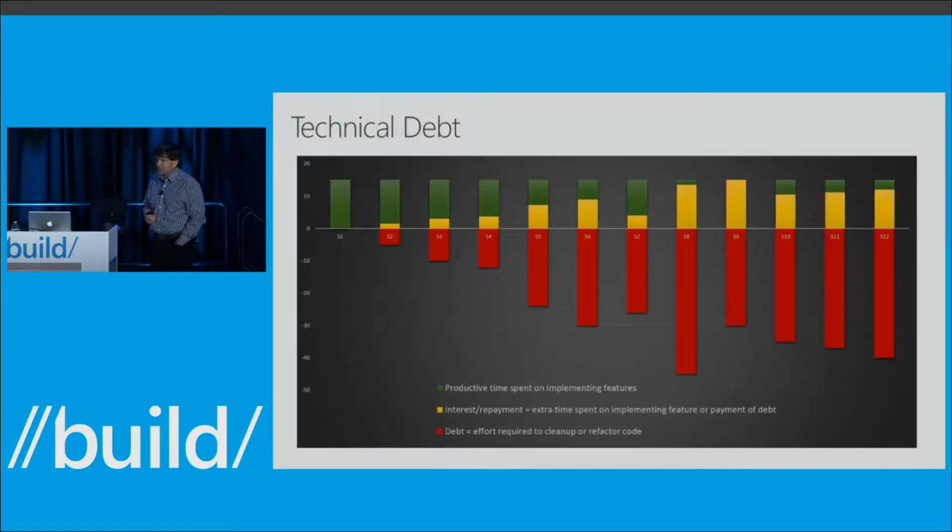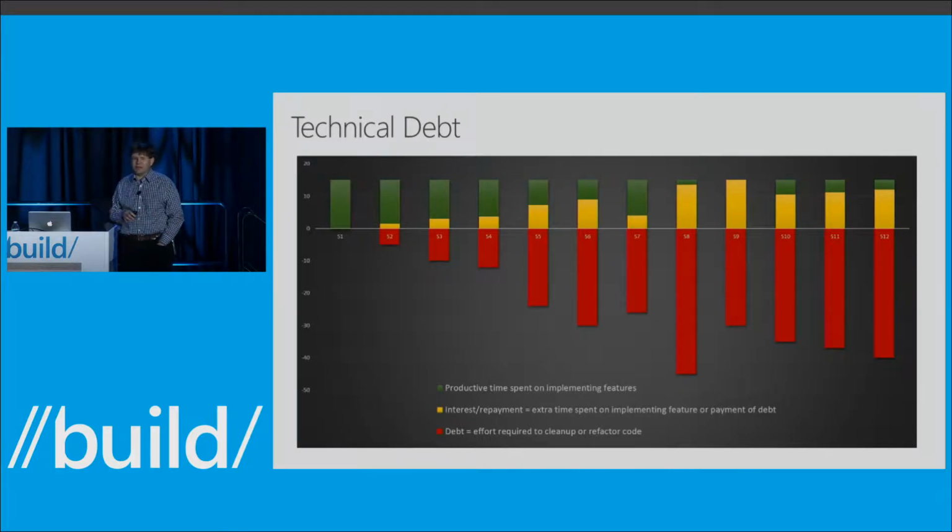So what is technical debt? This chart is a picture of a mythical team who might be starting off in sprint 1, S1, these are sprints, building features, building a new product. They start in sprint 1 only doing productive work, doing new features. But as they do so, debt starts to creep into their code.